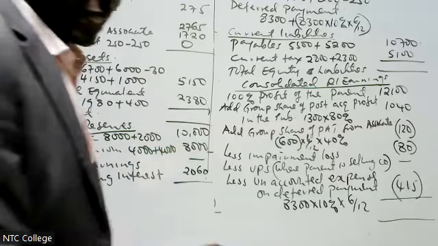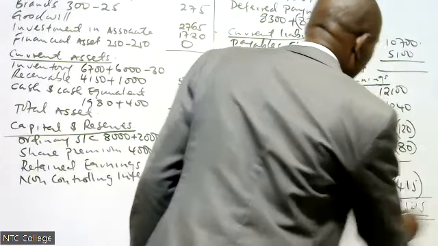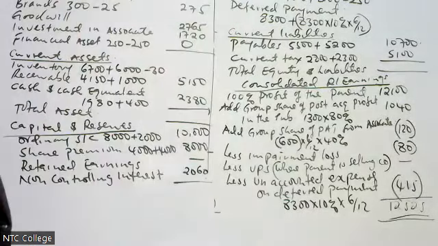I don't know what you are getting there. I'm getting 12,525. That is the consolidated retained earnings.